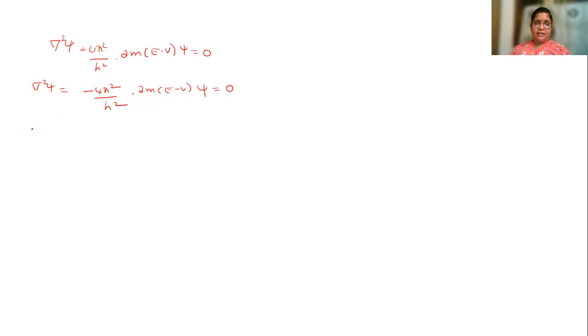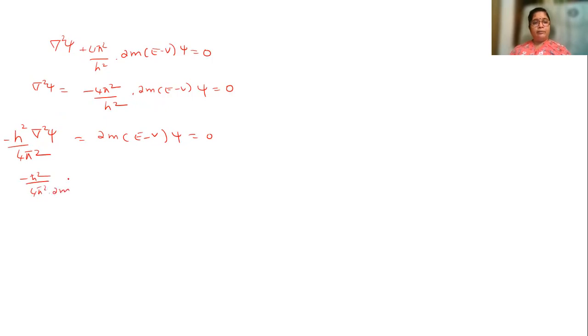Or I can write this as del square psi, I can cross multiply this. So I can have h square by 4 pi square, taking this negative sign also this side, 2m(E minus V) into psi, or again minus h cross square by 4 pi square.